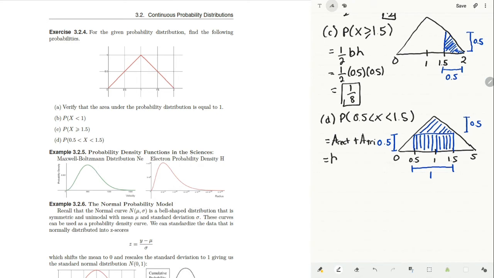So we take the base of the rectangle times the height of the rectangle plus the area of the triangle, which is 1/2 times the base of the triangle times the height of the triangle.